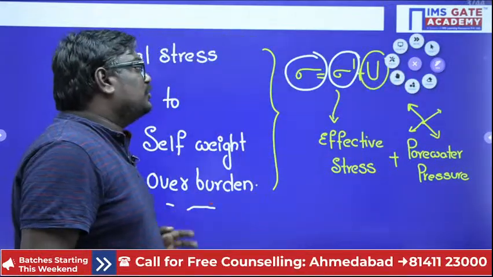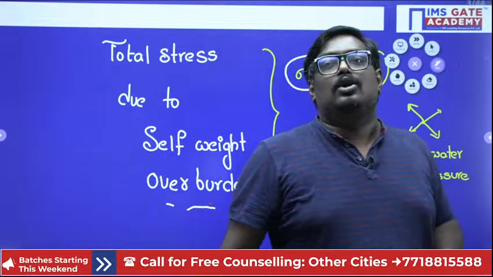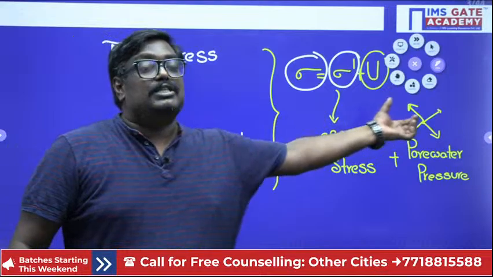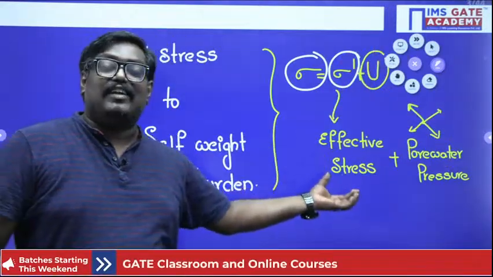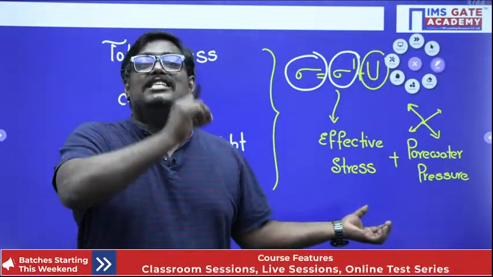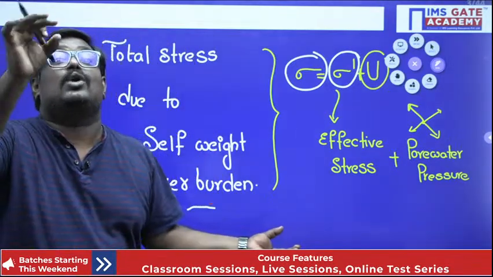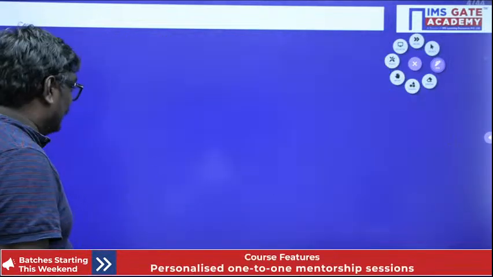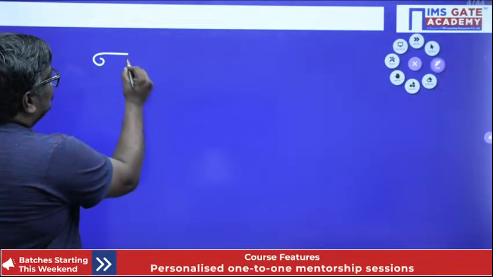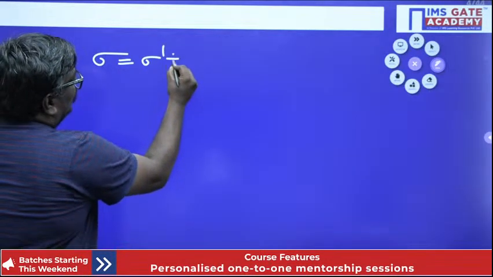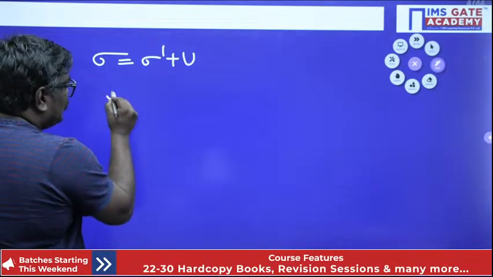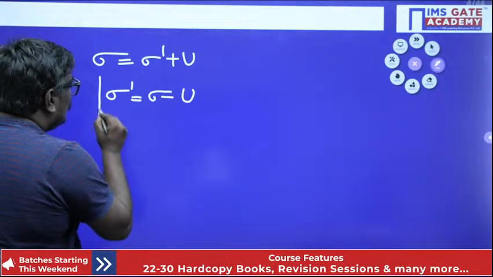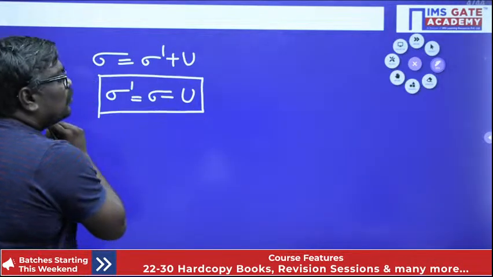So here, my dear students, you have to write a note that total stress is a summation of effective stress plus pore water pressure. What is effective stress? It is the intergranular pressure between the soil particles. And one beautiful point I would like to tell you, students. Total stress is effective stress plus pore water pressure. Now, if you want to find out the effective stress, we always find it as total stress minus pore water pressure.